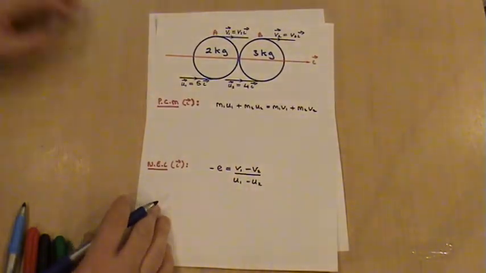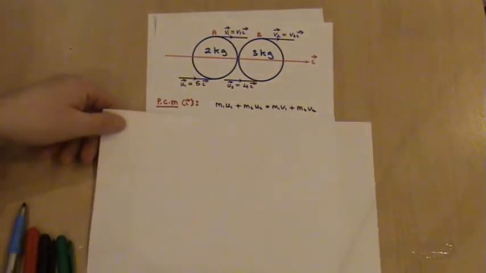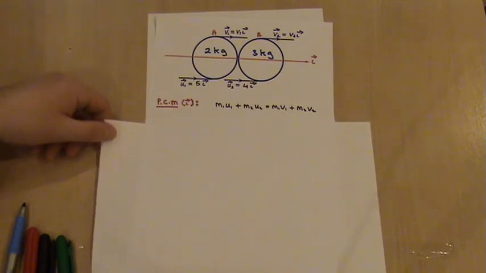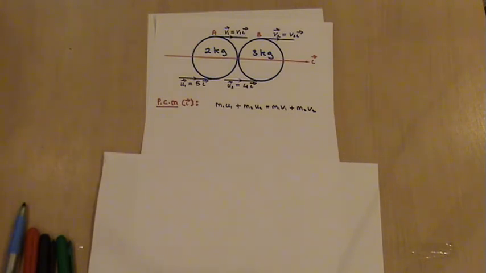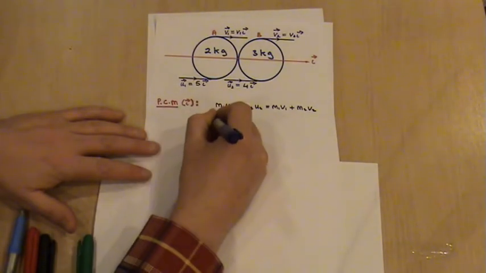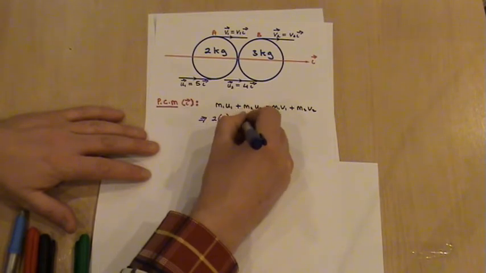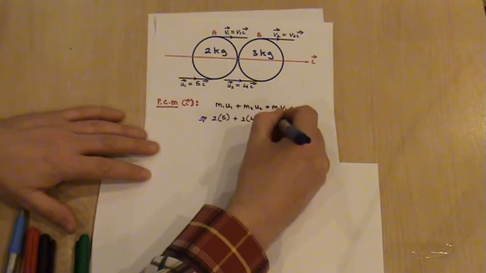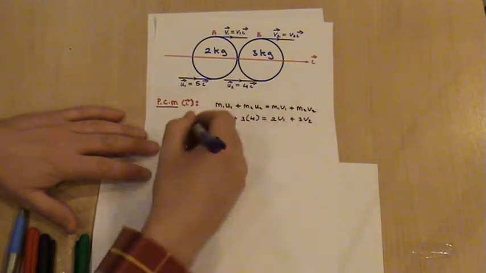Now firstly, if we apply the principle of conservation of linear momentum, and again this just states m1u1 plus m2u2 equals m1v1 plus m2v2. So if we substitute in for m1, m2, u1 and u2, we get 2 times 5 plus 3 times 4 equals 2v1 plus 3v2.